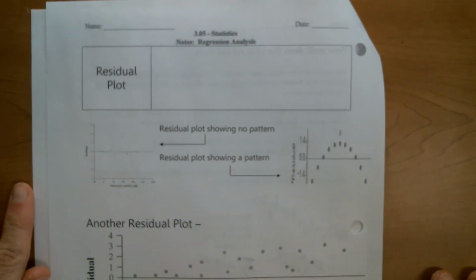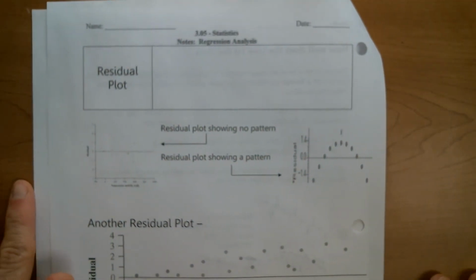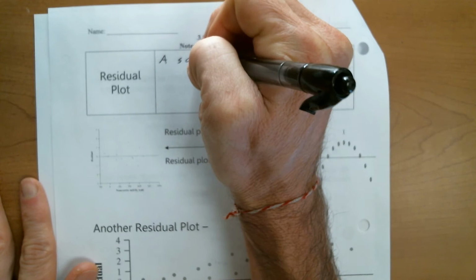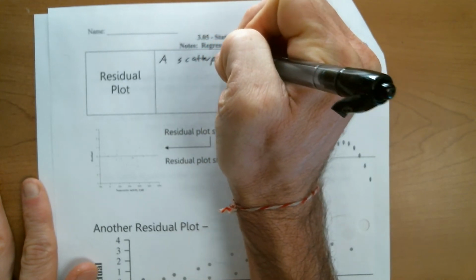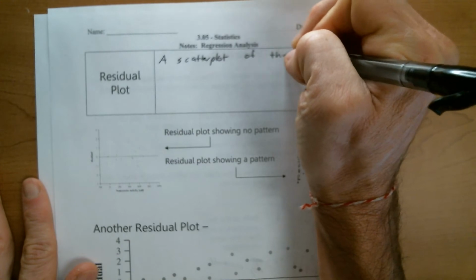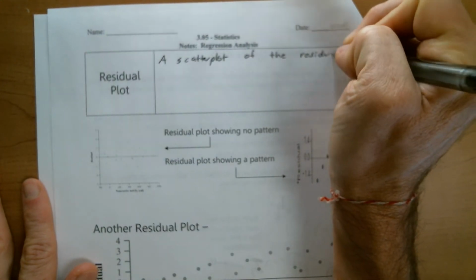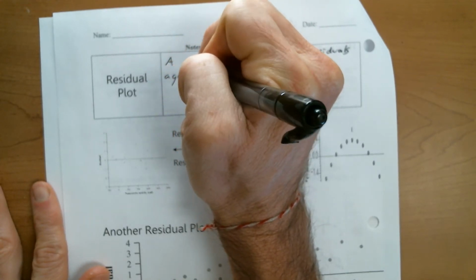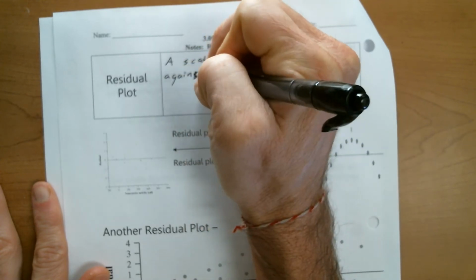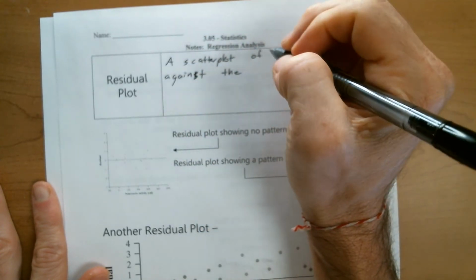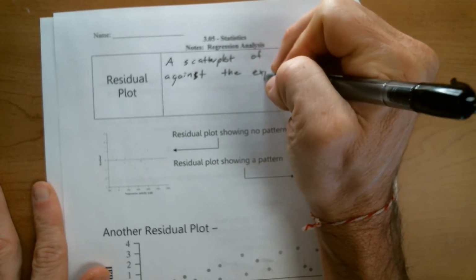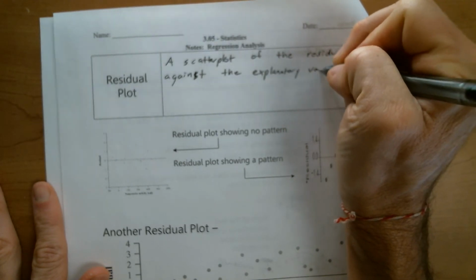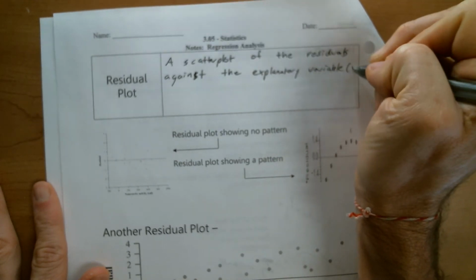So a scatter plot of the residuals against the explanatory variable, which, just a reminder, is the x.